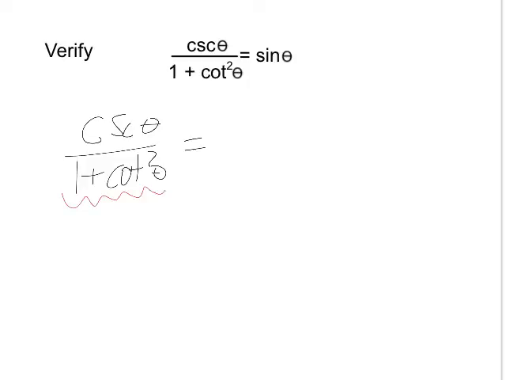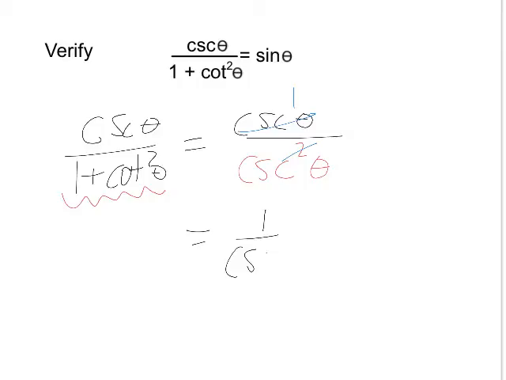This 1 plus cotangent squared theta is the same thing as cosecant squared theta. So I've got cosecant theta over cosecant squared theta. And again, we've got things that are reducing. This becomes a 1. That is no longer squared. So this is 1 over cosecant theta, which is, of course, sine theta. Verified.